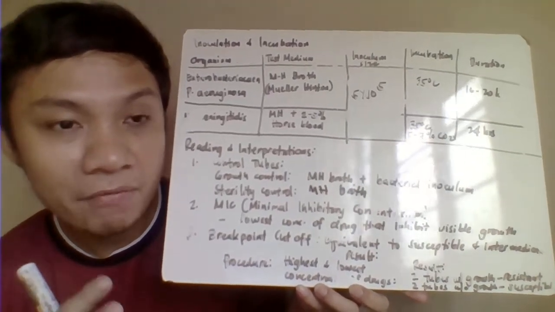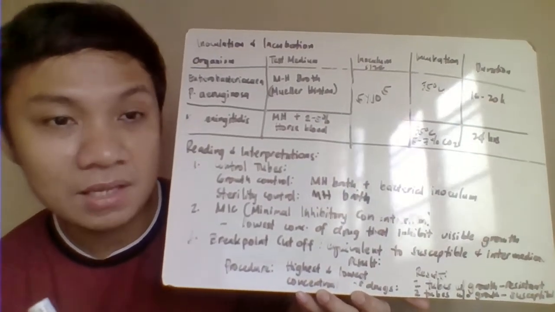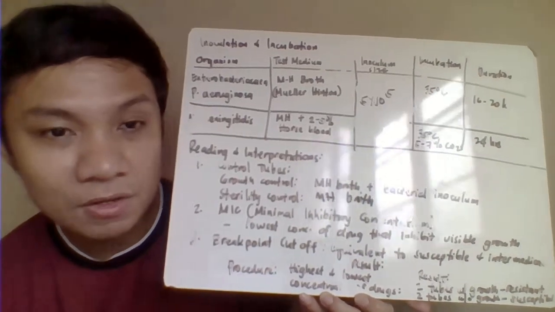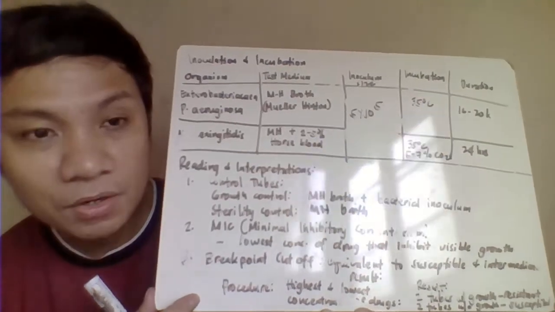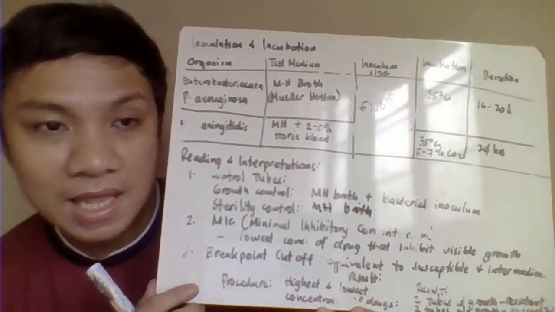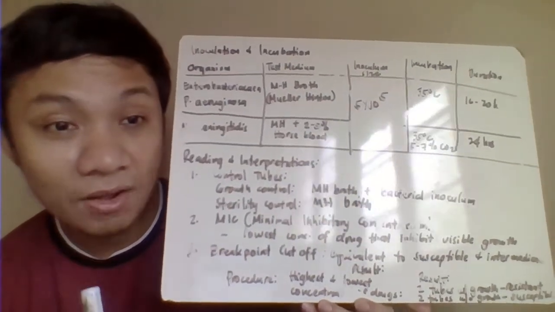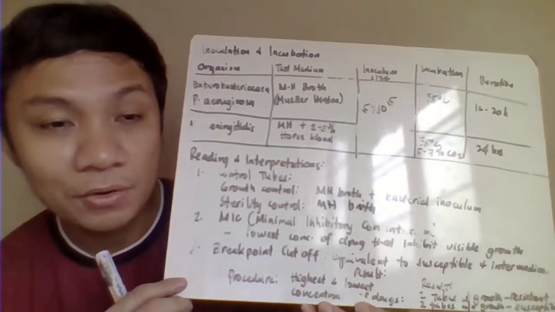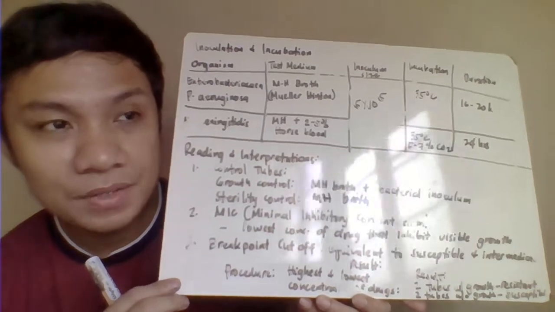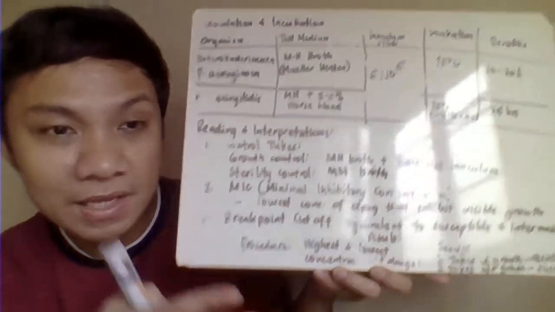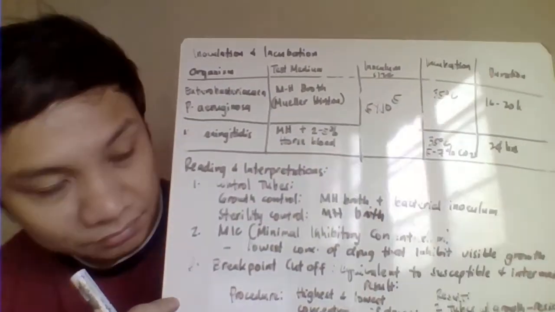So ang breakpoint cutoff natin will be your susceptible na result and your intermediate na result. However, the problem with your breakpoint cutoff, hindi natin alam kung ano pinaka-exact na concentration ng antibiotic natin kung saan talaga siya nag-i-inhibit ng growth or saan talaga siya effective because again, range ang ating result.